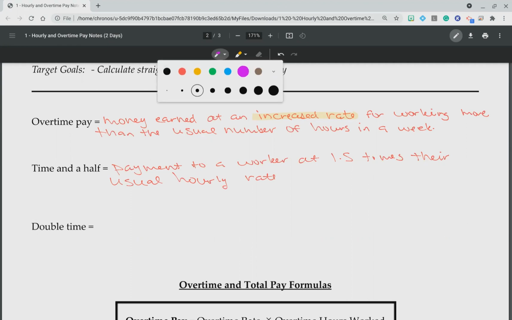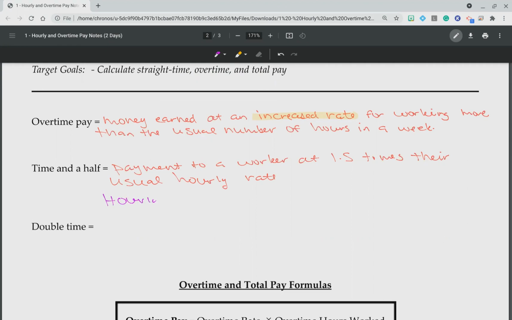So let's say, for example, your hourly rate is $10 per hour. To figure out your time and a half, you would take that $10 an hour and multiply it by 1.5, and you would be making $15 an hour as your overtime rate.